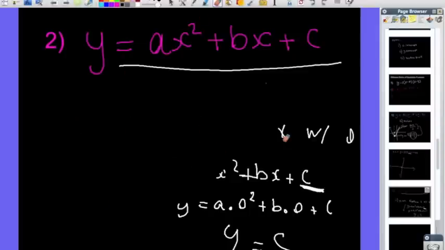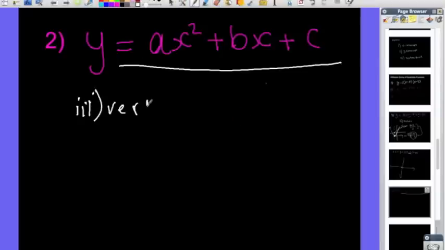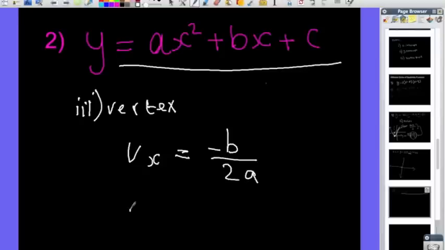And then for the third thing you need to find is your vertex, of course. As with the other ones, there are formulas for the vertex points. For the x coordinate of the vertex, the formula is negative b divided by 2a, and for the y vertex, it's the function of negative b by 2a.